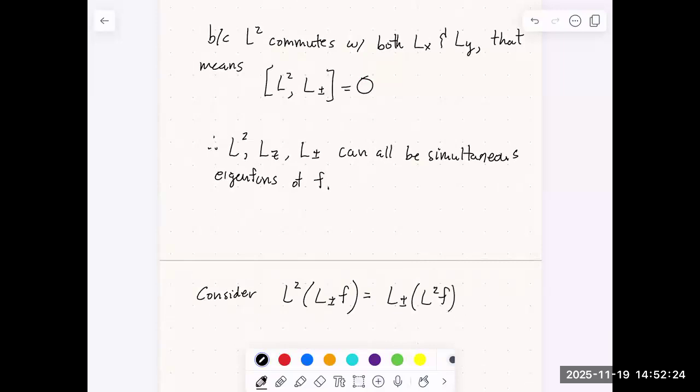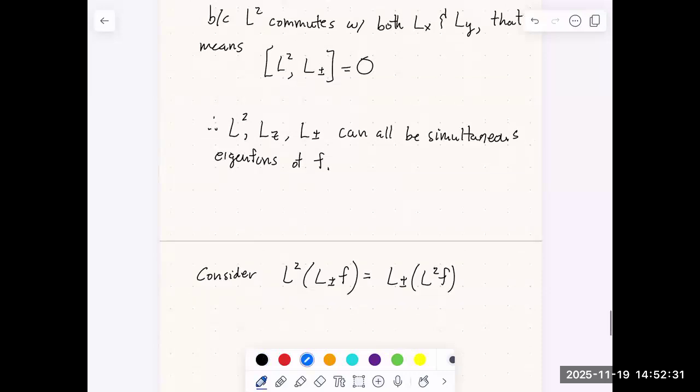L squared and L plus minus commute, so I can switch their order. We can switch the order of L squared and L plus minus because they commute.